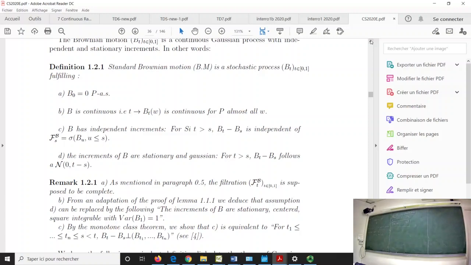And I have a lot of random variables that are independent here, because in the definition of a Brownian motion, the increments are independent. So I am interested in this vector, and I have a vector that is for sure a Gaussian vector.